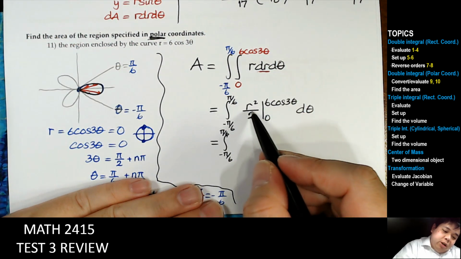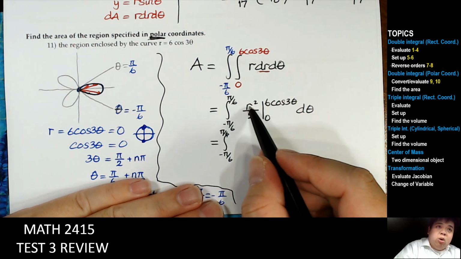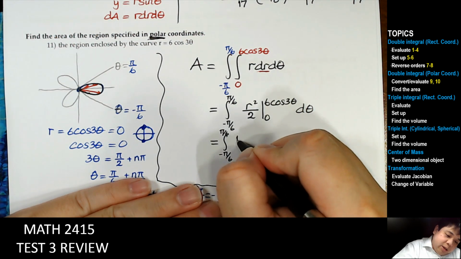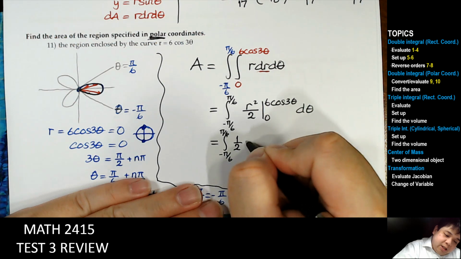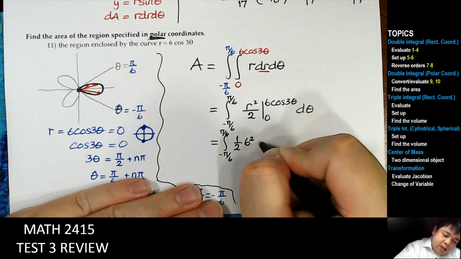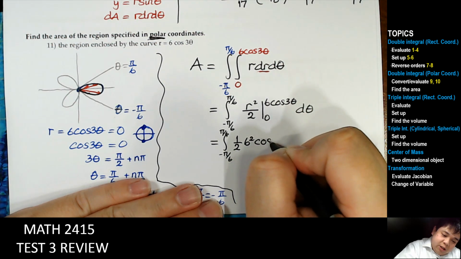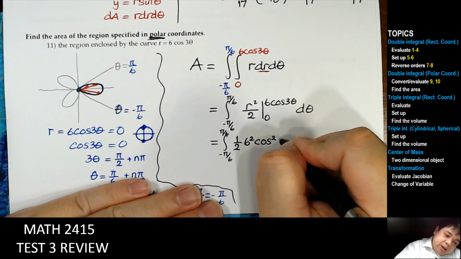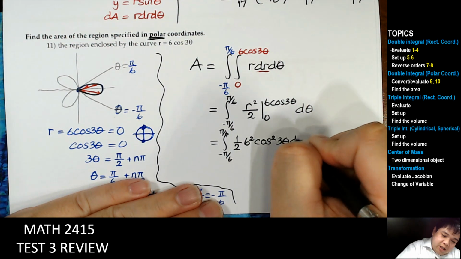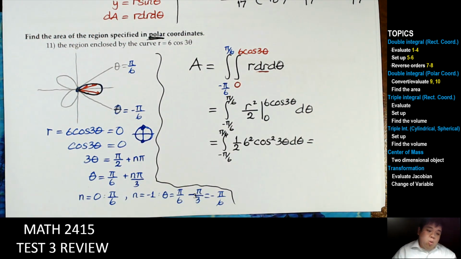Right, put this in r and put 0 in, we don't have anything. So we just have 1/2 6 squared cosine squared of 3 theta d theta. 6 squared is 36 divided by 2 is 18.